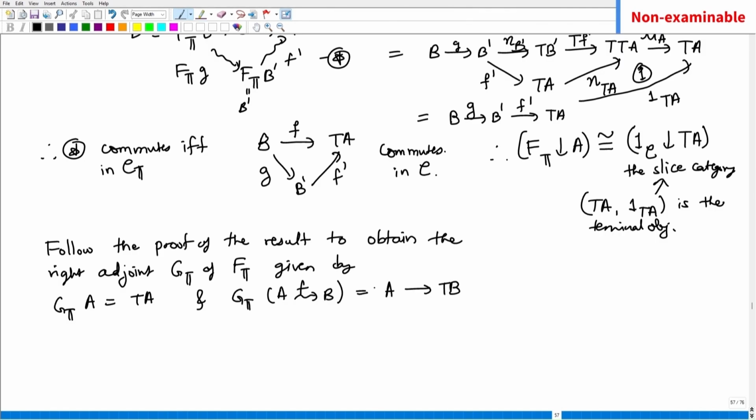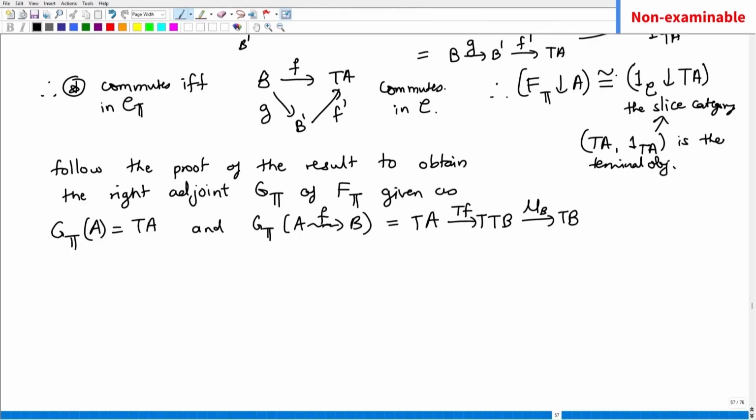So F is a morphism from A to TB, so I should do TF and then follow it up with mu B. Okay, so this is our GT.